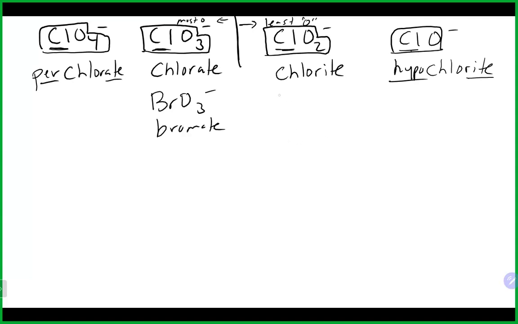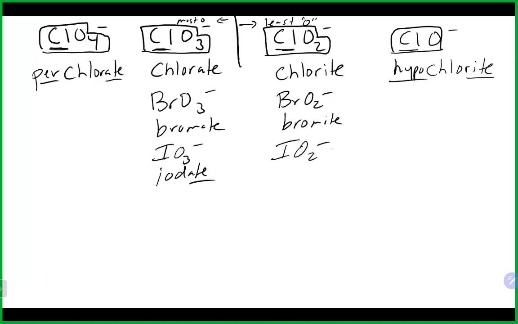And if I had BrO2 minus, that would be bromite, right? If I had IO3 minus, that would be iodate, yeah? And if I had IO2 minus, that would be iodite, right? So again, you could kind of swap out in this grouping of 4 any of those halogens, and they're named the same way as well.